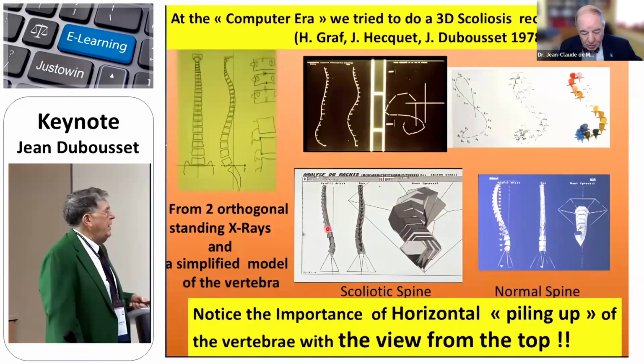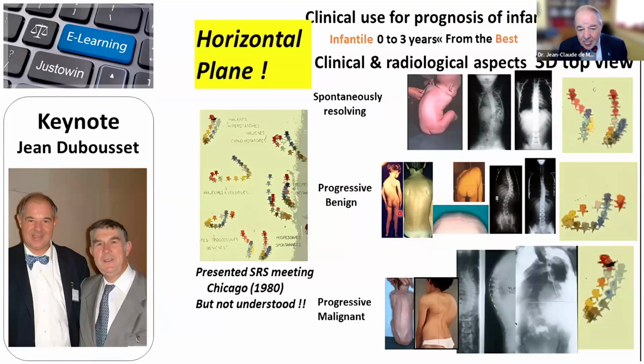You remember the work of Adams. There are many works, but we don't really see the horizontal plane on the X-ray. And with the 3D reconstruction, it was one of the first 3D reconstructions, we see this horizontal plane.